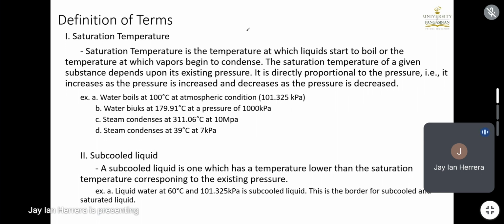Yeah. So from the definition, saturation temperature is where the liquid starts to boil or condense, or the vapor condenses.